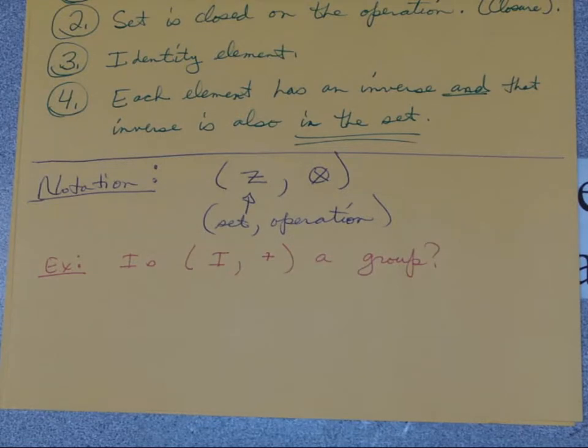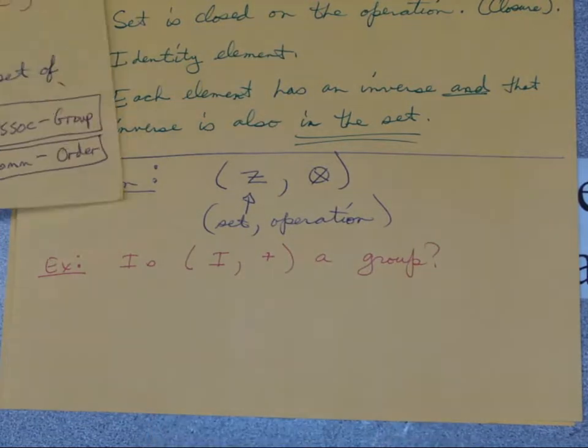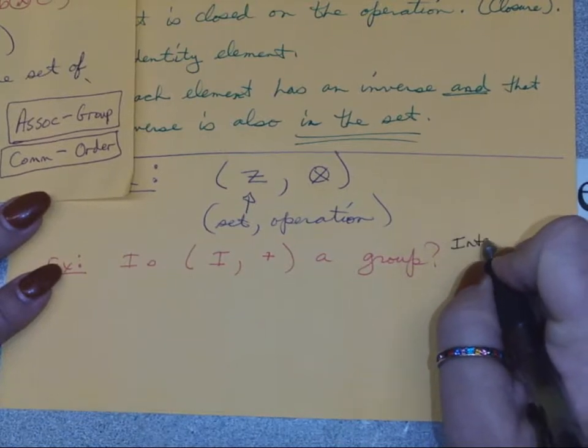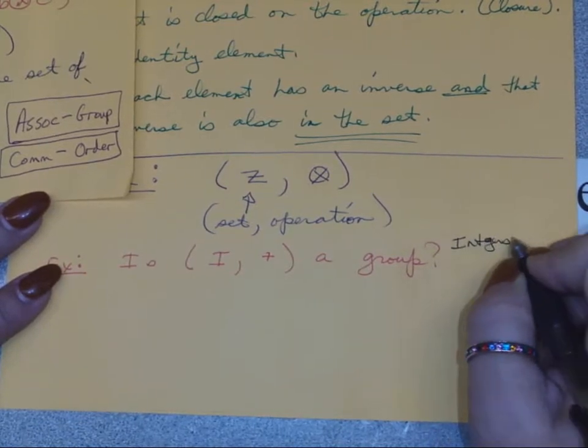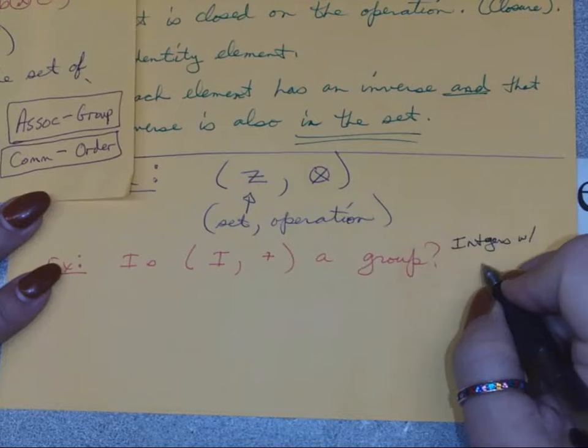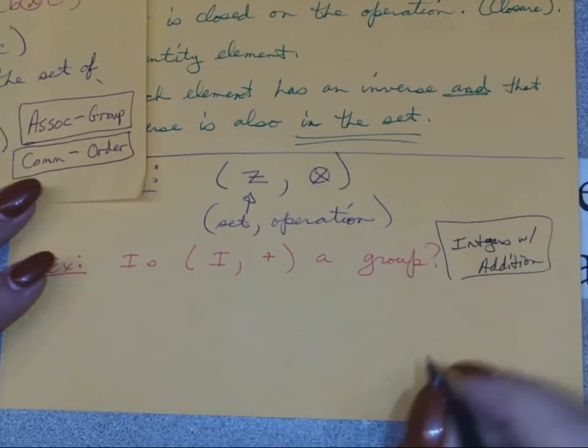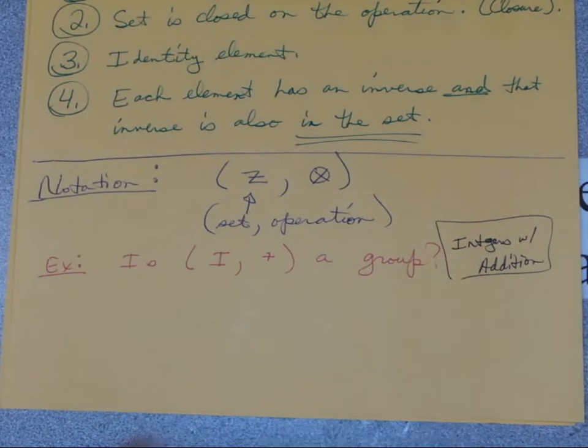I is integers, right? Okay, I is integers. So we're talking about integers with addition. That's what we're talking about here. So get that into your head, integers with addition. What set are we talking about, and what operation?